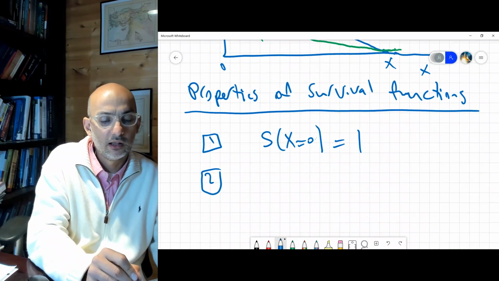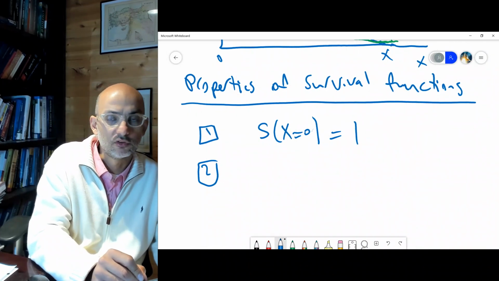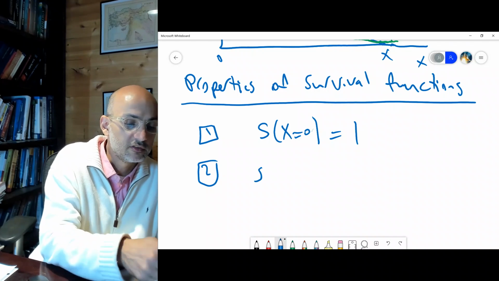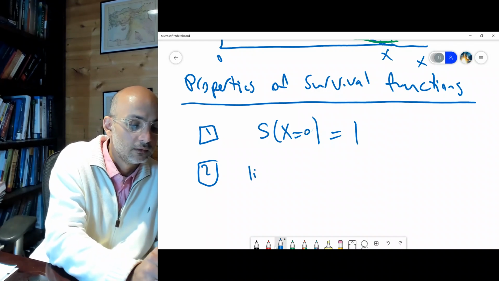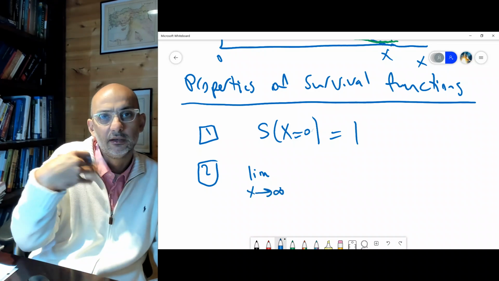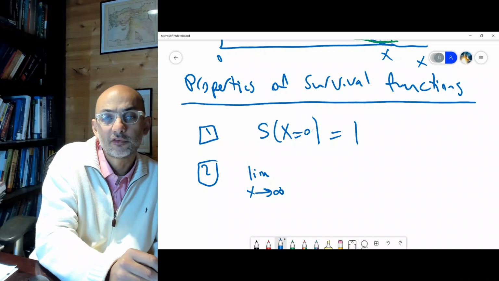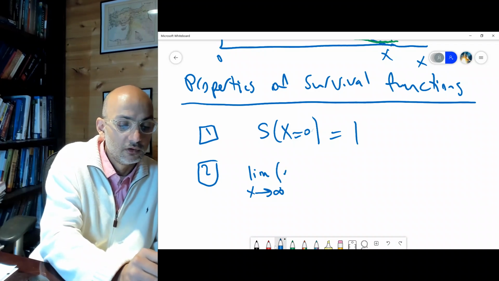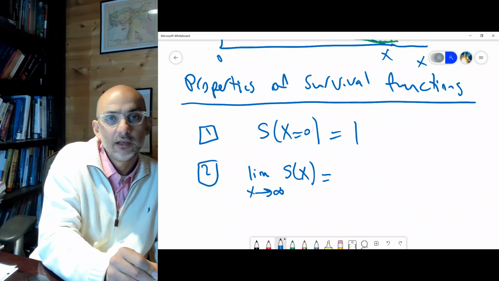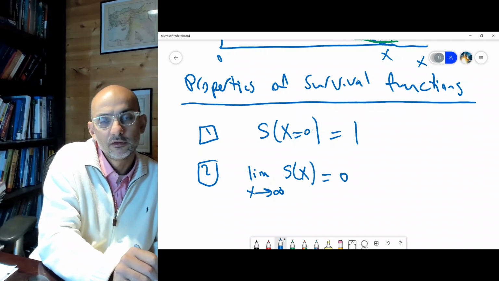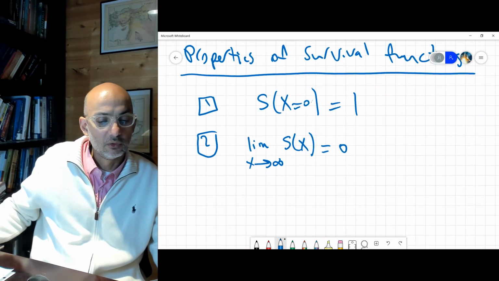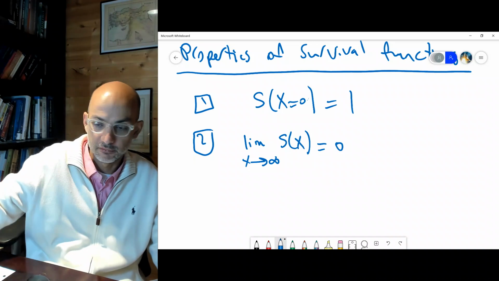It has to have certain properties. The second one is the limit: when x approaches infinity, when the age becomes very, very high, S of x should be 0. So the survival function is bounded between 0 and 1, and the limit will be 0. This is what makes it a survival function.